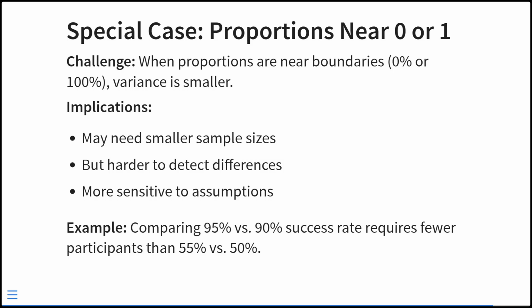For example, if you're comparing 95 versus 90% success rate, you require fewer participants than 55 versus 50%. So anytime your proportions are near 0% or 100%, the variation is smaller and you just need fewer participants to detect a significant difference.